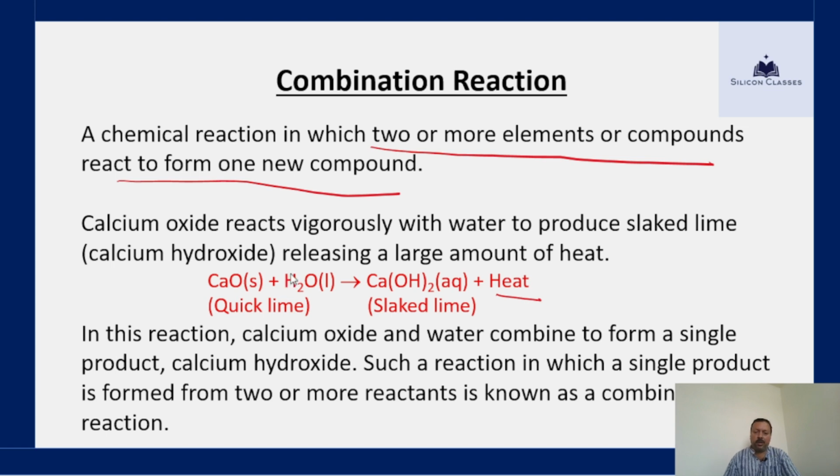It is nothing but an example of a combination reaction. Here, calcium oxide combined with water to form calcium hydroxide, that is slaked lime. Two reactants combined with each other to form a single compound, that is calcium hydroxide.